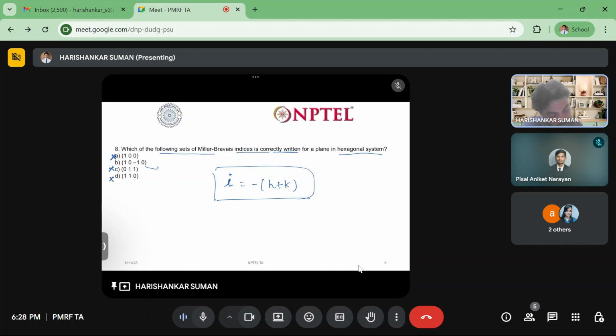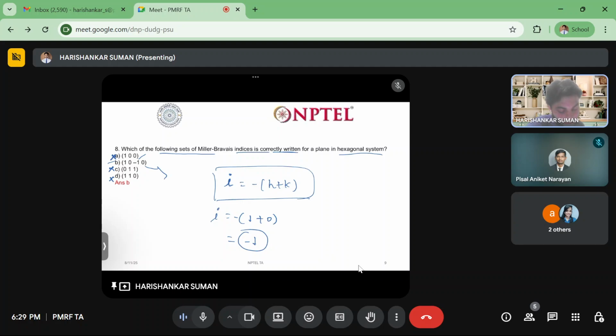This is 4, and check this relation also. H is 1, K is 0, it would be -1, which is given. So B is the correct answer.